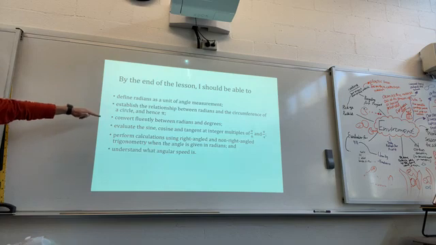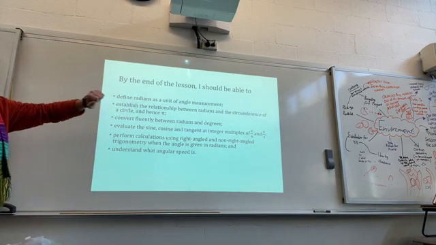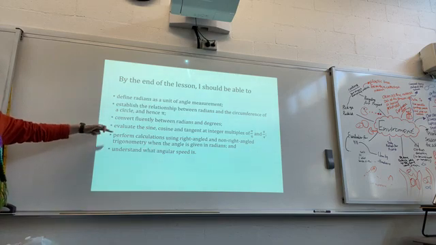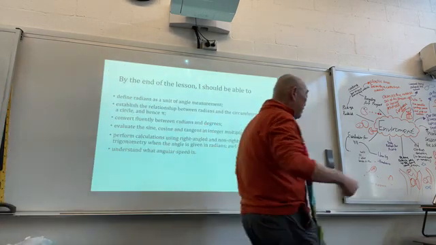Think about the sine, cosine, and tangent at an integer multiple of pi over 6 and pi over 4. We'll talk about why pi over 6 and pi over 4 are important. You should be able to perform calculations using right-angle and non-right-angle trigonometry when the angle is given in radians, and understand what angular velocity or angular speed is.